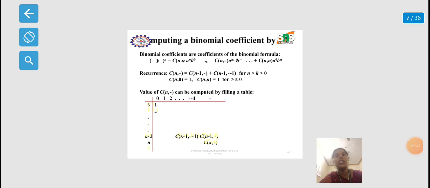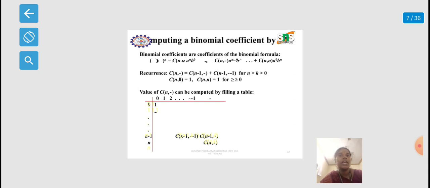The algorithm for the binomial of n comma k: for i from 0 to n, do, to fill out the table row wise, for j equal to 0 to minimum of i comma k, do, if j equal to 0 or j equal to i, then C of i comma j becomes 1.